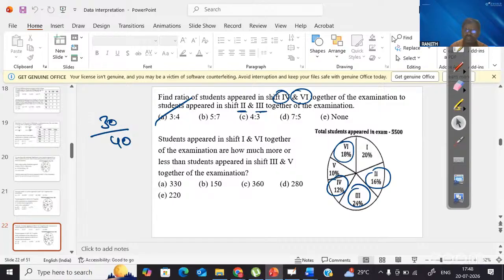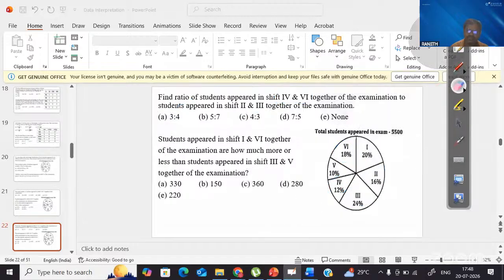So the next question is, students appeared in first and sixth together. First and sixth together, 38 percentage, and 3 and 5 will be equal to 34.